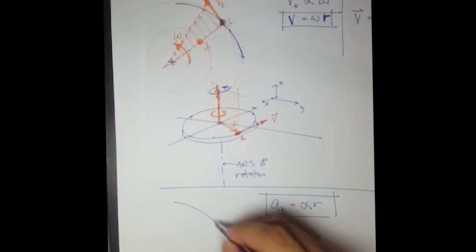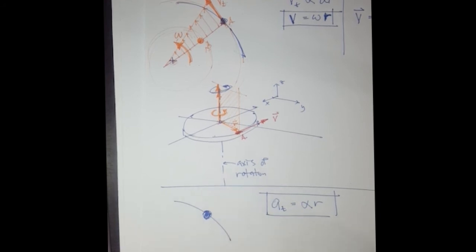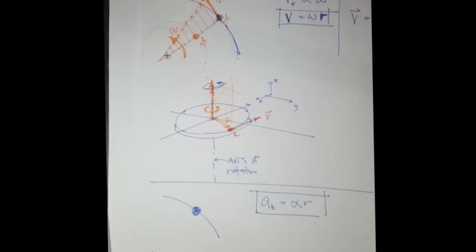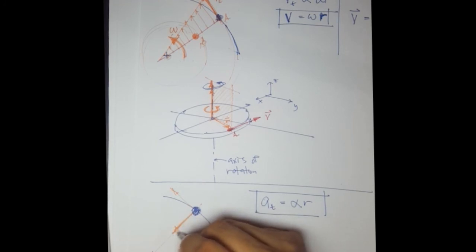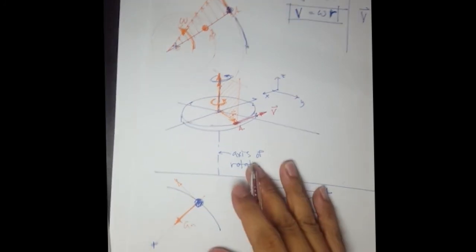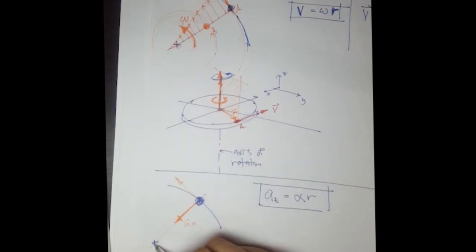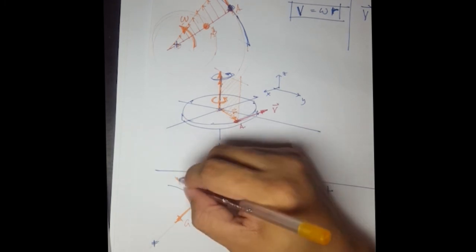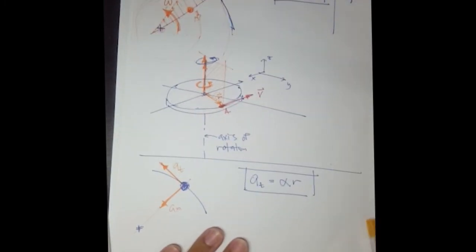But take note. Recall that, for example, this is our object here, and this is our point of rotation. Recall that we have two aspects for this acceleration. We have the normal acceleration, the acceleration vector pointing towards the point of rotation, or the center of rotation. And then we have the tangential.